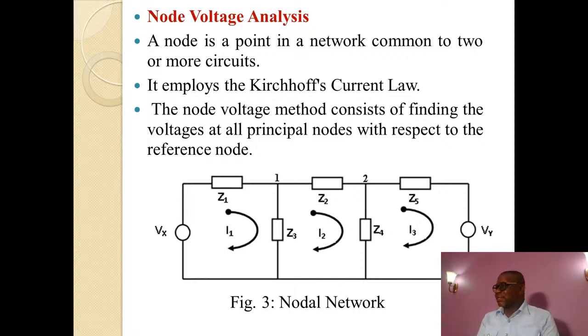If you look at this fig 3, you see node 1 where we put 1 is a node because you have a circuit coming from Z1, Z3, and Z2 joining at that point. So it's a node. The same thing at point 2 or node 2, Z2, Z5, and Z4 coming at that point.